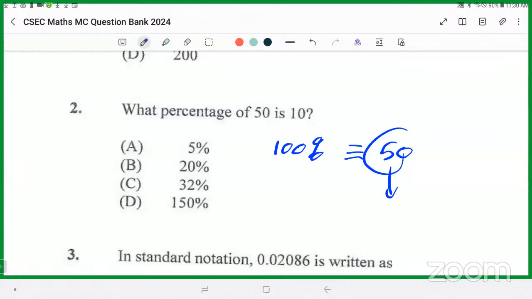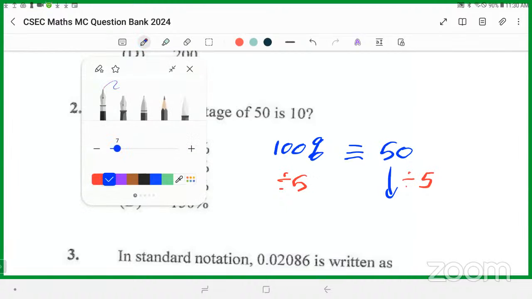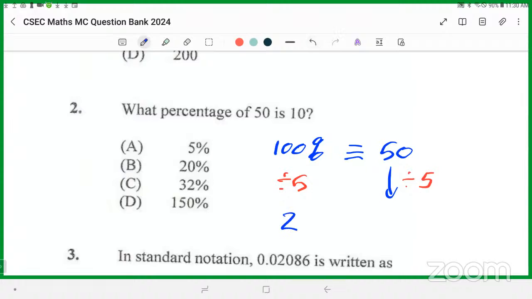To get this 50 to come down to 10, you divide it by 5. So I have to divide this by 5 as well. And then you see that when you divide this by 5, you get 20. So 20% is therefore equivalent to 10. So the answer is 20%. You can do it that way. But if you do it the other way, 10 over 50 times 100, no problem. But this is the answer. Yeah?